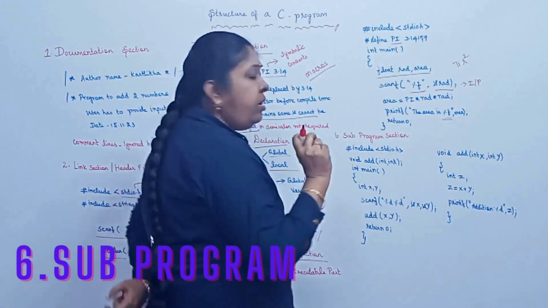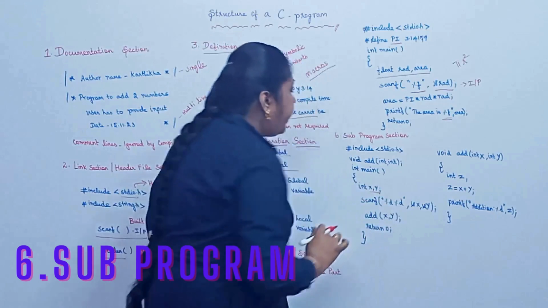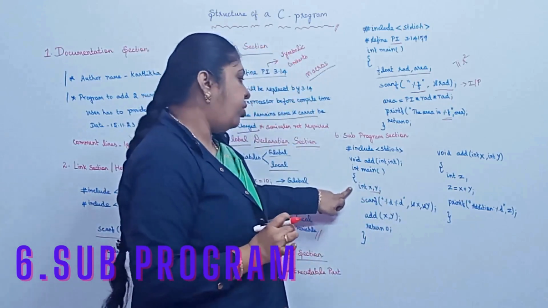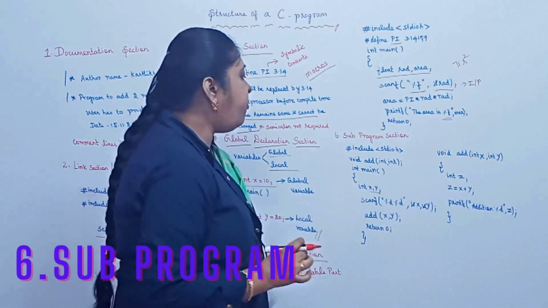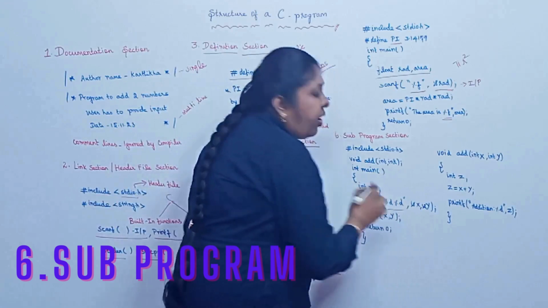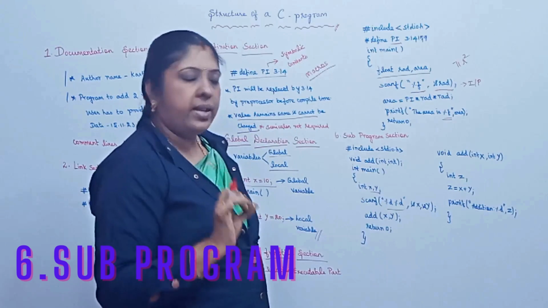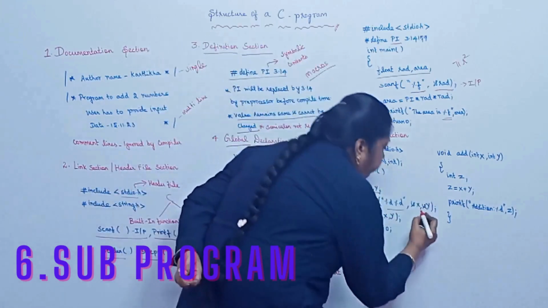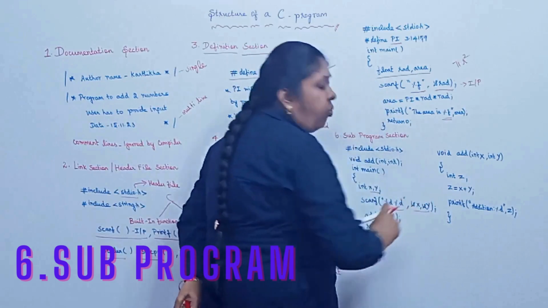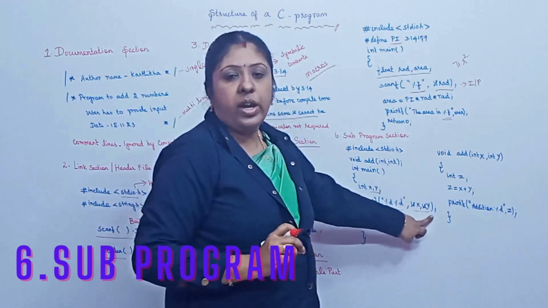Here we are declaring two variables, integer x and y. That is the declaration part in the main program section. And then scanf with %d, which is the format specifier for getting the integer value, and ampersand x and ampersand y, that is for storing the values x and y in the memory.